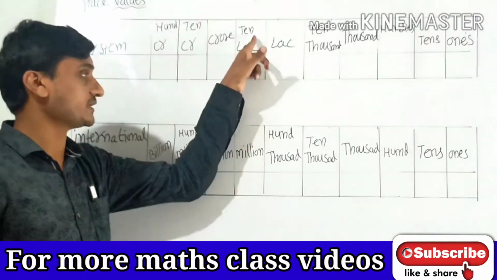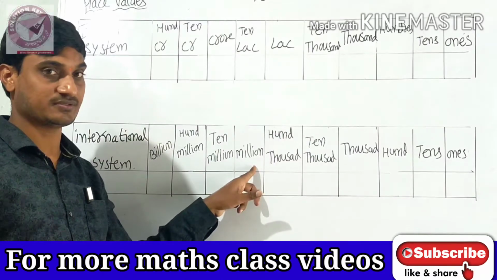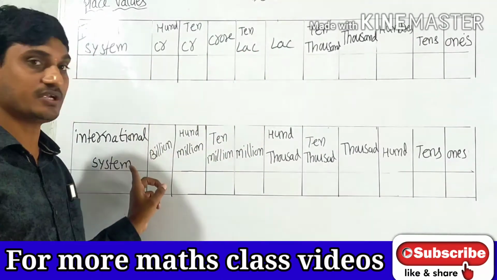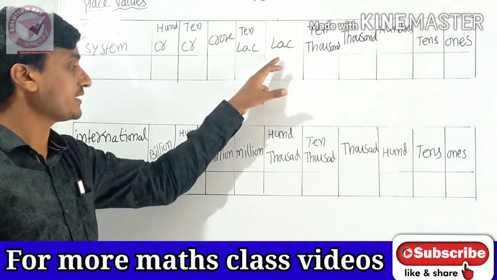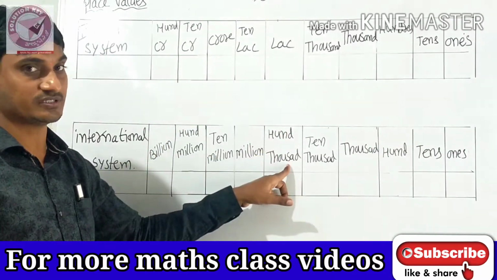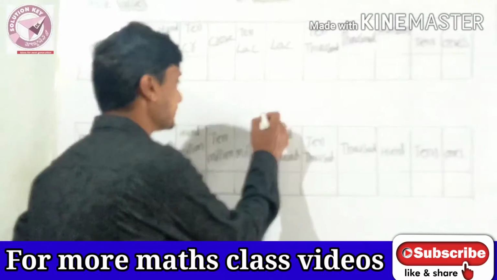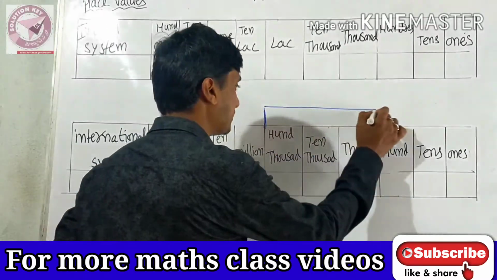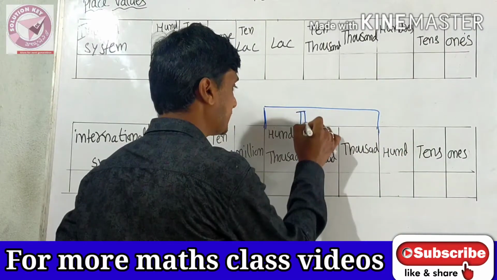After that, 10 lakhs is equal to 1 million. Observe carefully: this is the Indian system and this is the international system. In this, 1 lakh is equal to 100,000. Three columns together make the thousands.